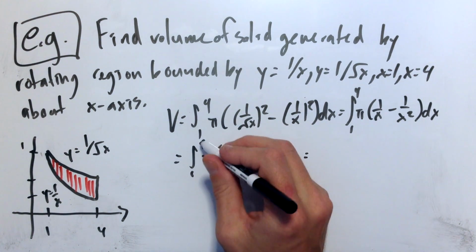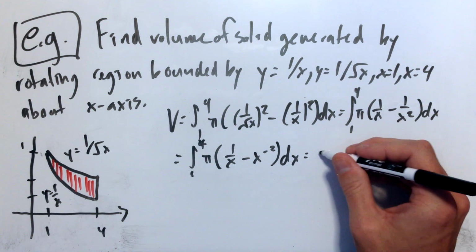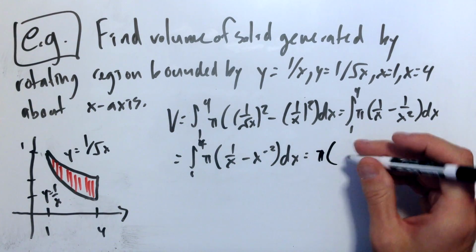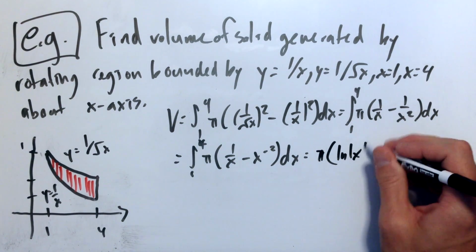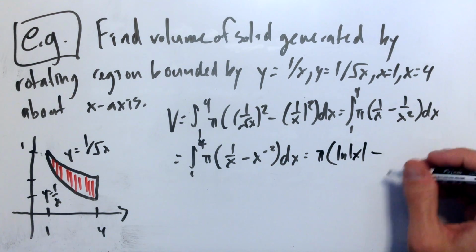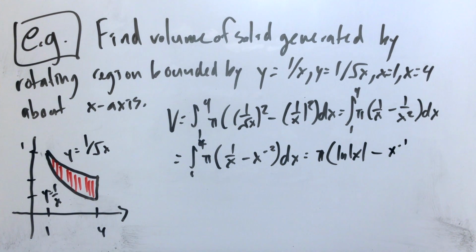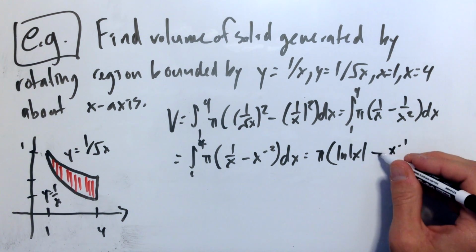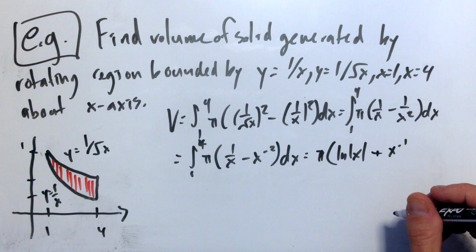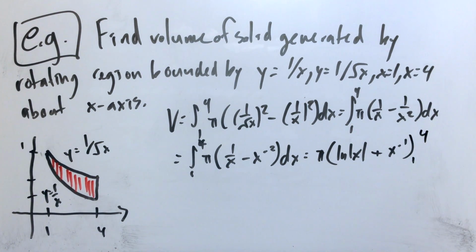Because we should recognize 1 over x as the derivative of the natural log of x, so the antiderivative of that guy will be the natural log of the absolute value of x. Over here, x to the minus 2, its antiderivative is x to the minus 1 divided by the new power, which is the same as divided by negative 1, so I get plus 1/x. Great. It's going from 1 to 4.